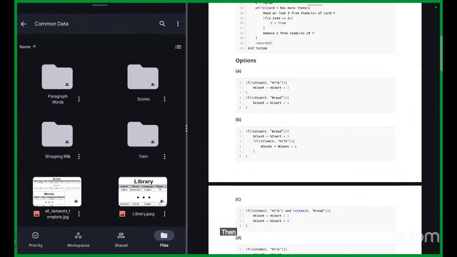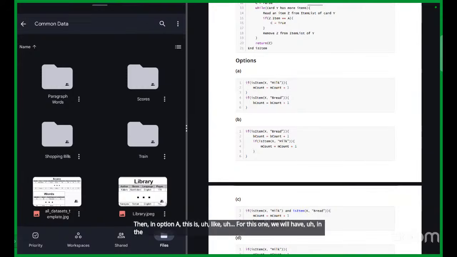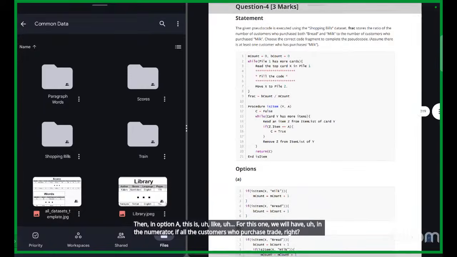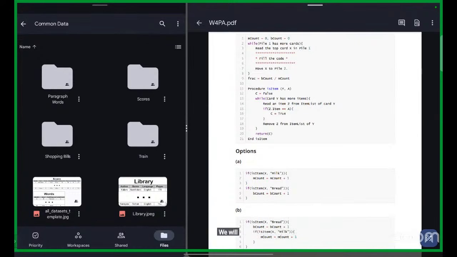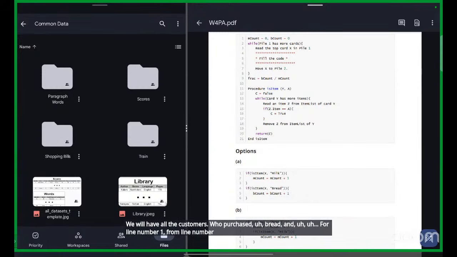Then in option A, the numerator b count, because of the condition in line number four, will have all the customers who purchased bread, and from line number one, we will increment m count. So that will store all the customers who just purchased milk. That is also not correct.